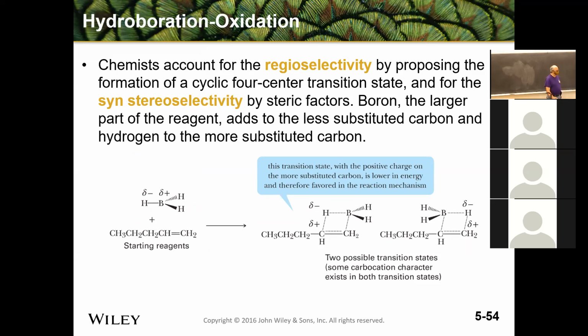So unlike something like HCl or hydronium, where hydrogen has a partial positive charge, here, notice hydrogen has a partial negative charge. And so the alkene attacks the boron, not the hydrogen. Hydrogen then is nucleophilic or electron donating. So it forms this square intermediate.